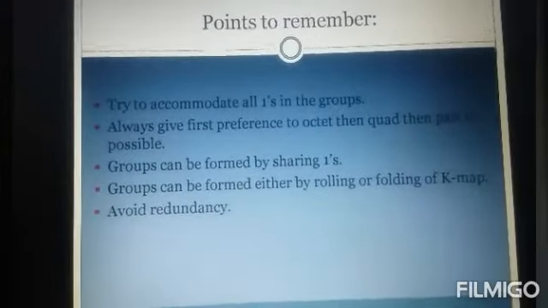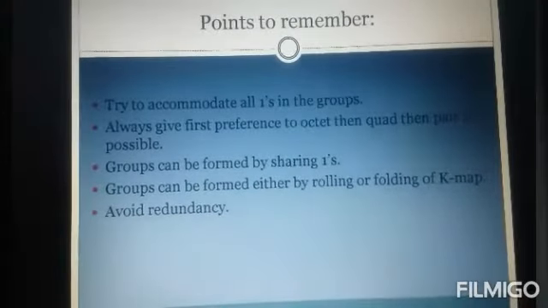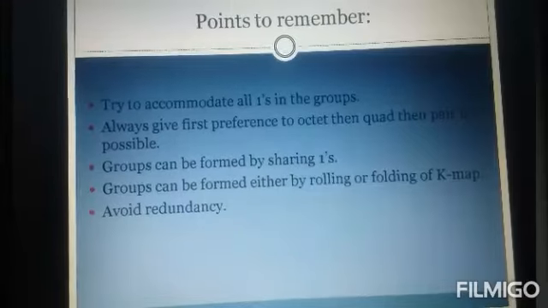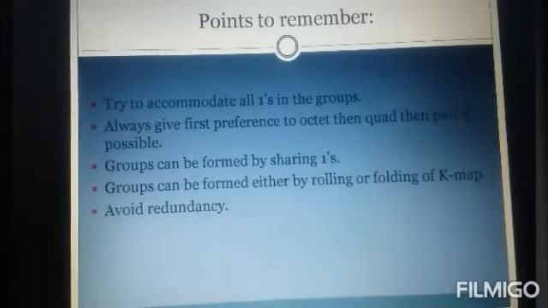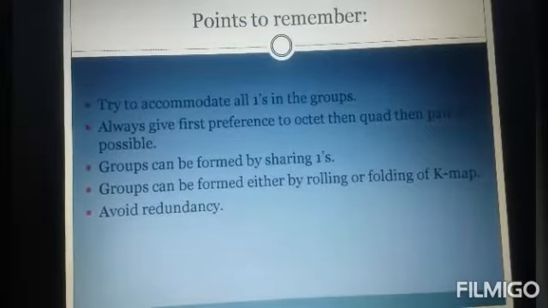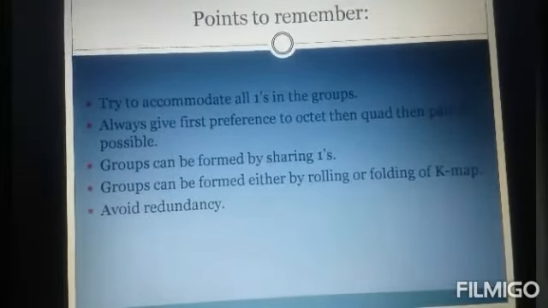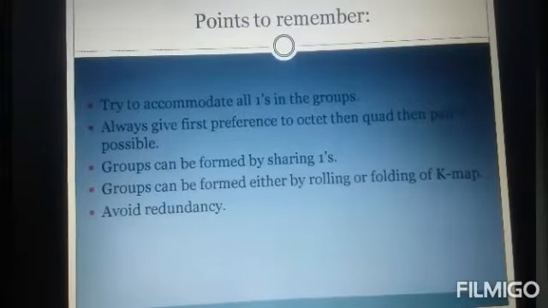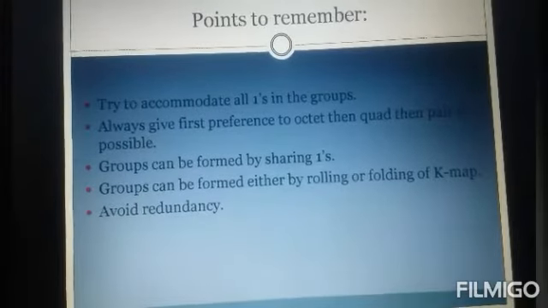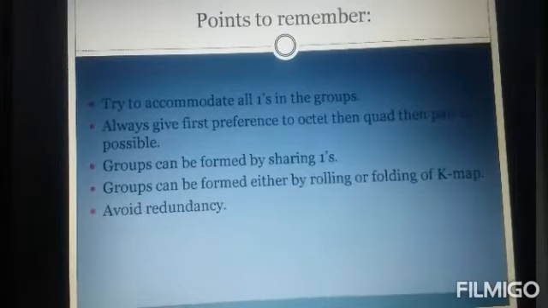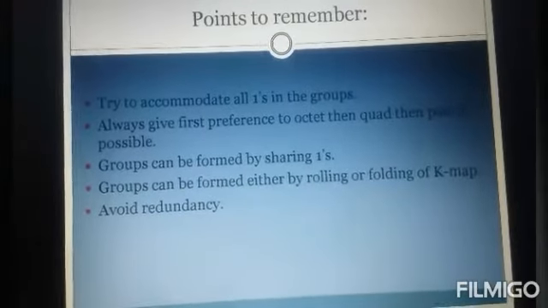We have to make a group for that one. You can share it with another one from any group to create that group. The next point, groups can be formed either by rolling or folding. If we do not have a consecutive cell, then take that one by rolling or folding.